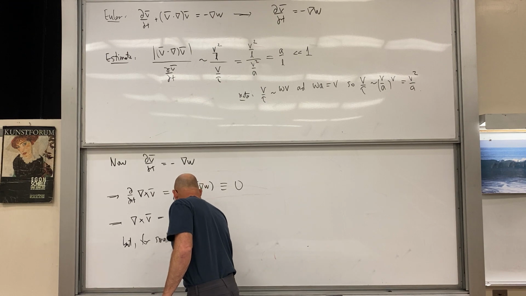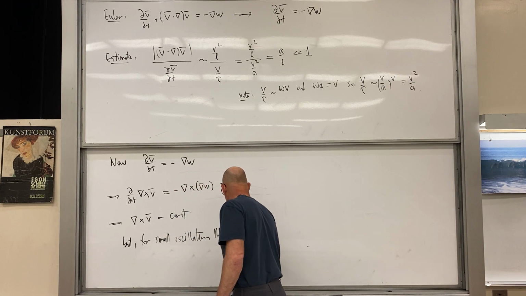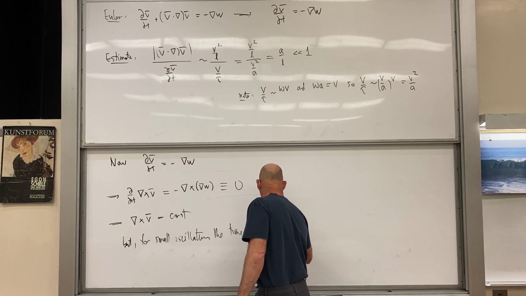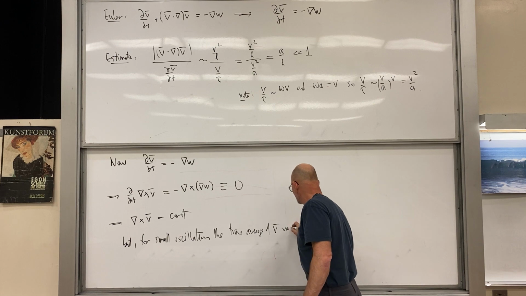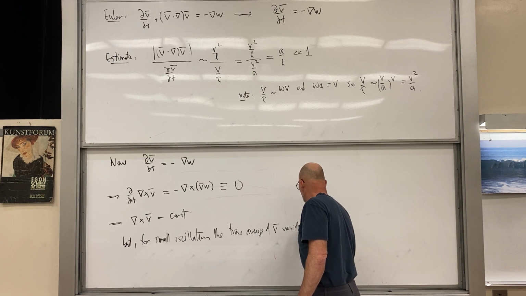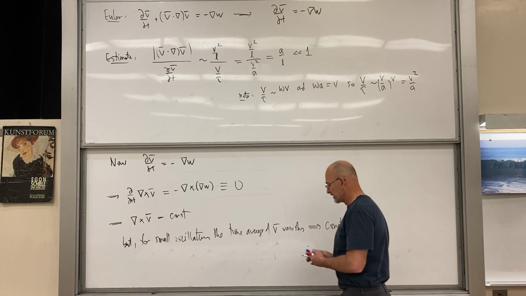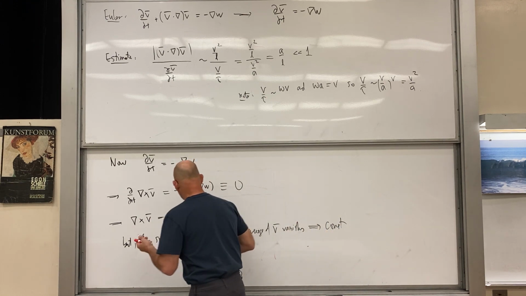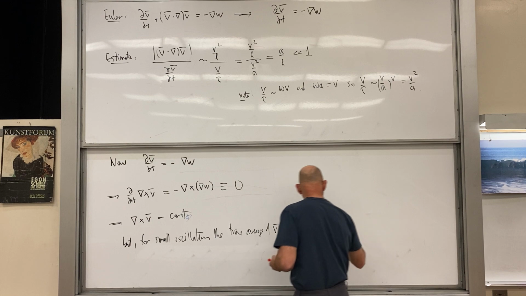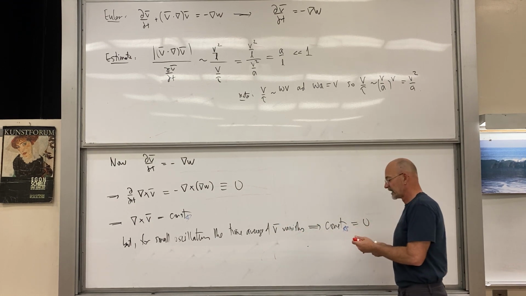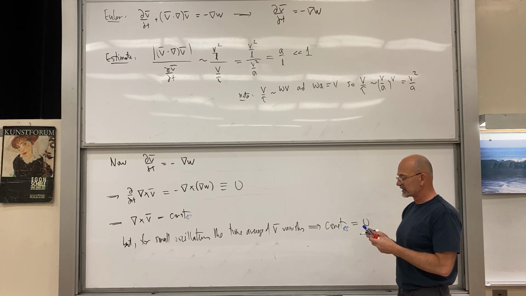For small oscillations, the time average of V vanishes, and therefore our constant equals 0. So that was the missing step. Glad I caught that.